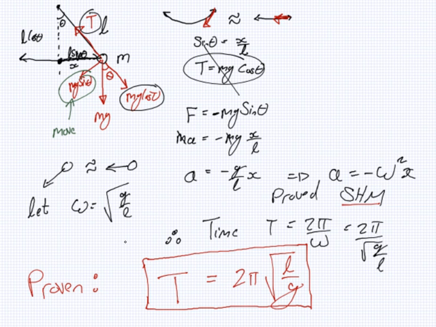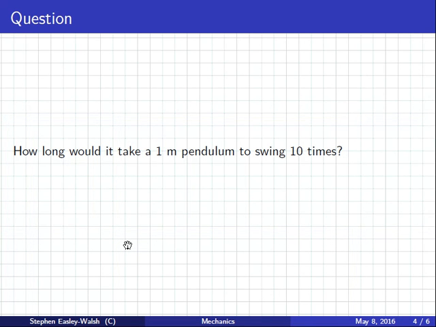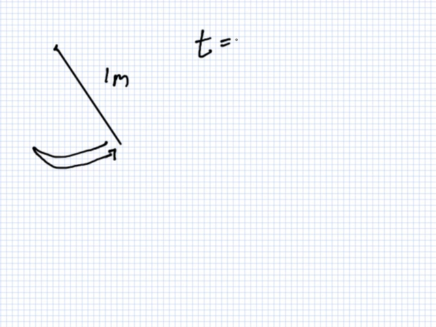Okay. Let's have a look at an example. By using this formula, how long would it take a 1 meter pendulum to swing 10 times? 1 meter, 10 times. Okay, let's calculate it. We have our pendulum, and we want it to swing back and forth 10 times, and it's 1 meter. So the time would be 10 T's.